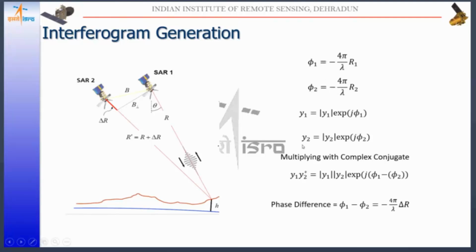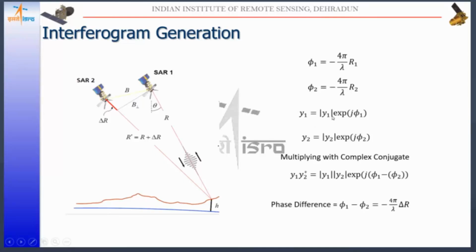These are the two phases. And we have two SAR images, like y1 equals amplitude times exponential of j phi 1 and y2 equals amplitude times exponential of j phi 2. That is the amplitude of the first image, this is the amplitude of the second image, this is the phase of the first image, and this is the phase of the second image. So these two equations represent the two SAR images.